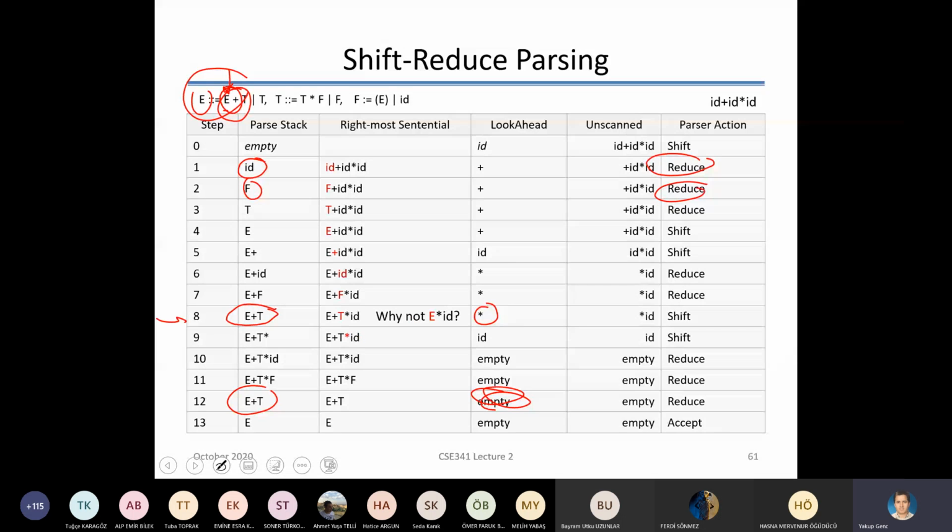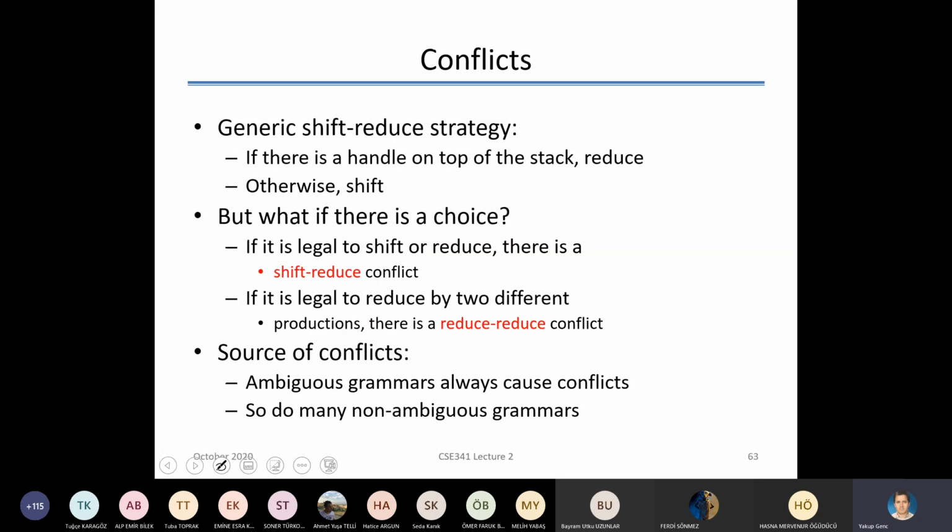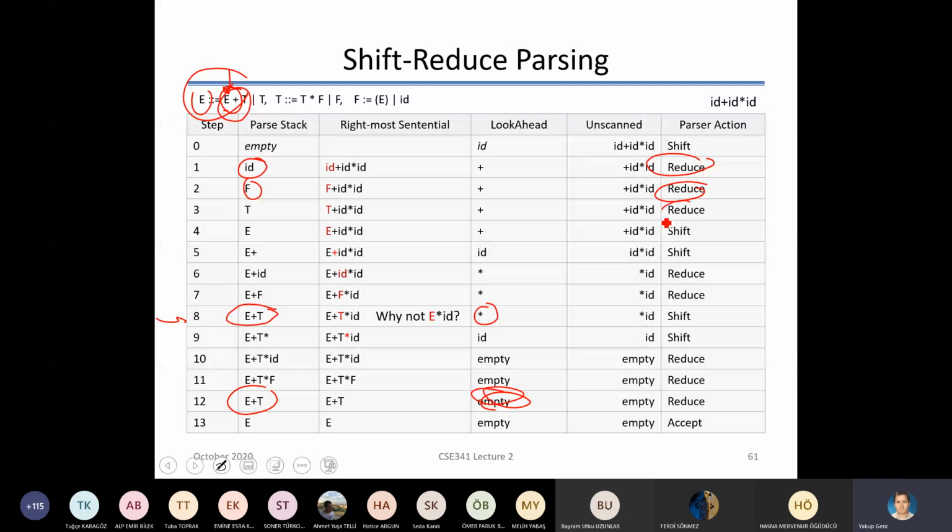I'm just adding. I'm saying, okay, add a node to my tree. Assume that this is the part of the tree now. It starts from here. ID is the first thing, and then ID goes to F is the second part of the tree, and then the third part. Okay, and then a third reduce says T goes to E. Okay, now T goes to E. It's here.